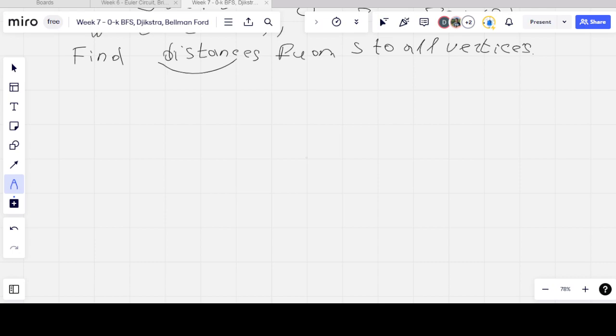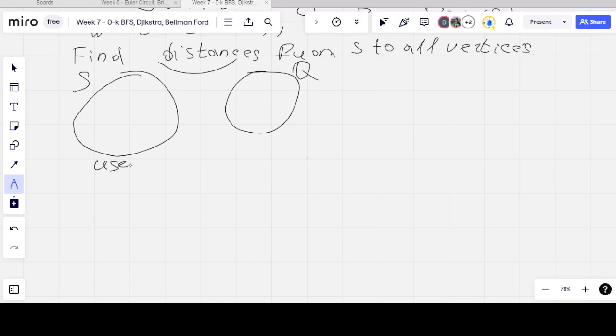In this algorithm, we consider two sets, S and Q. In S we store used vertices, that is, vertices for which our function dist is true. We have the true shortest path, not an estimated path.